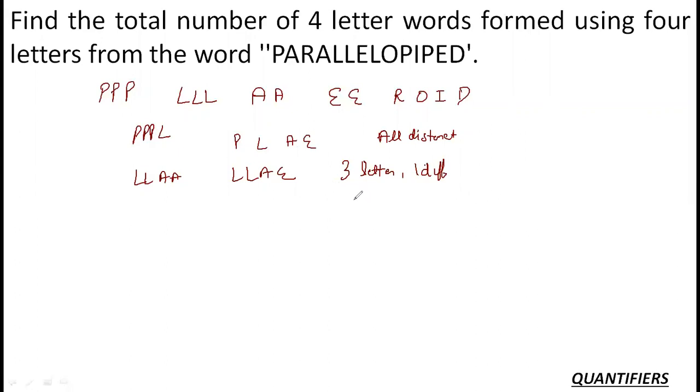Then it could be two same, two different, just like LLAE. Then it could be two same and two again same, but the other pair, for example LL and A. So these are the four cases that I have to consider in order to reach an answer.